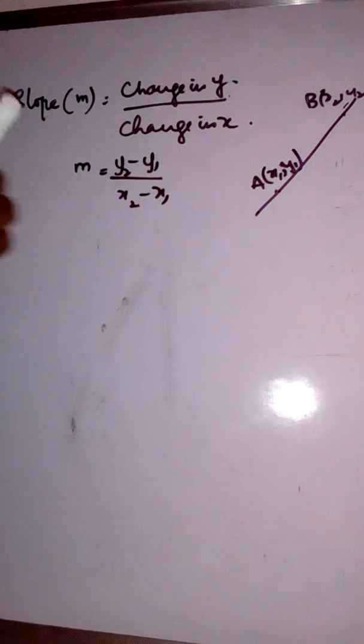So now we will derive this on the coordinate plane. So this is our coordinate plane where we have a line passing through the origin. Okay, I have a point A here whose coordinates are x1 comma y1 and point B whose coordinates are x2 comma y2.